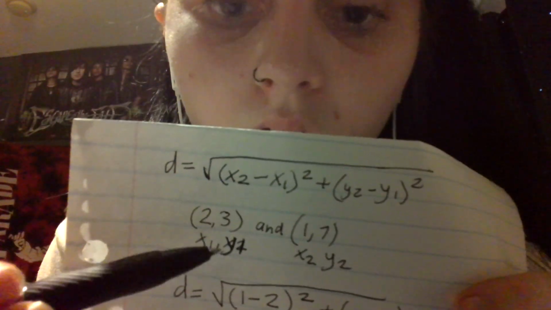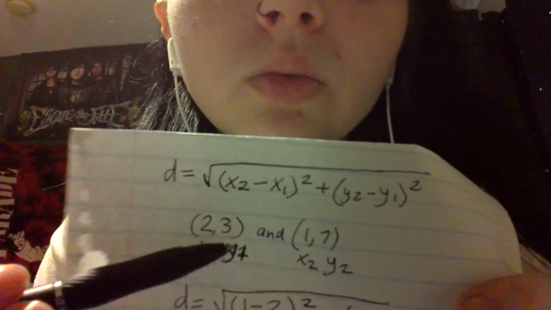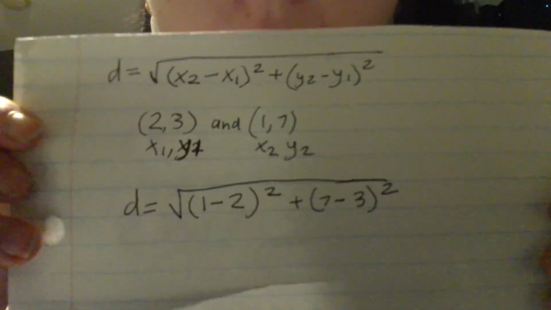And then let's do the second part of the equation, plus y2, which is 7, minus y1, which is 3, and I did make a mistake. This right here is y1, not y2, so it goes x1, y1, x2, y2. Okay, and then to the second for that, here's the written equation with it plugged in.